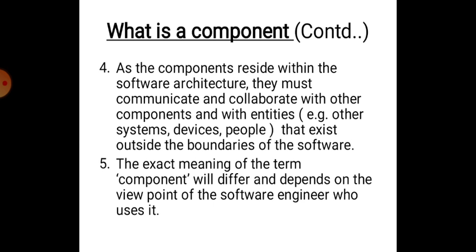So students, all these components are part of the software architecture, and all the components communicate and collaborate with each other and also with entities such as other existing systems, devices which are part of the system, and people who use the system. Naturally, components should interact with all these.